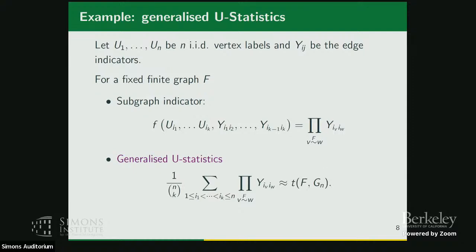The only difference is that we are looking at k-tuples with no repetitions, and the scaling is a bit different. But in this sense, this is how you use the generalized U-statistics for random graphs.